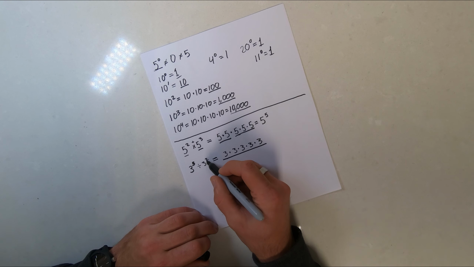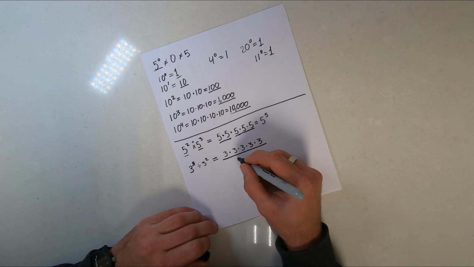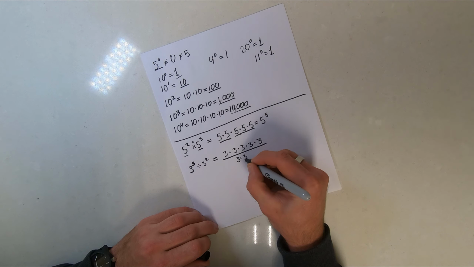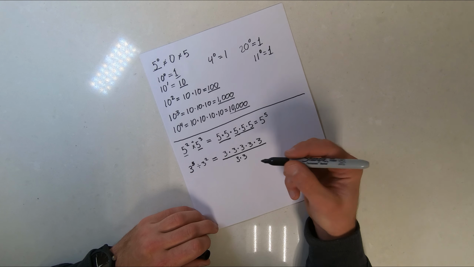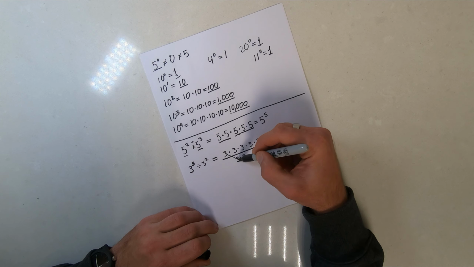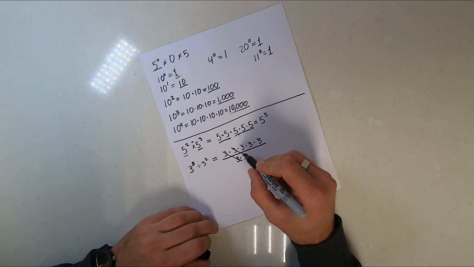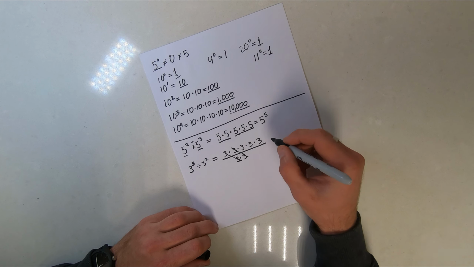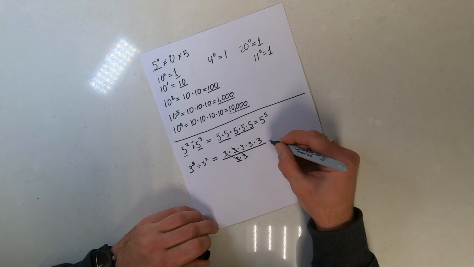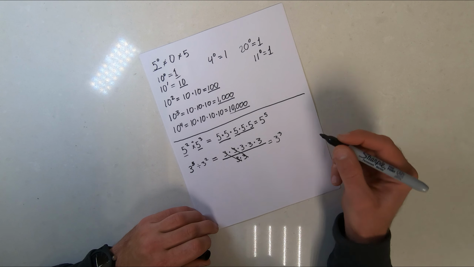Now, 3 to the second power goes in the denominator of this division problem. So 3 to the second is just 3 times 3. When the problem is in this form, we can see that we can just cancel out the multiplication and division, leaving us with 3 times 3 times 3 in the numerator, which is basically 3 to the third power.